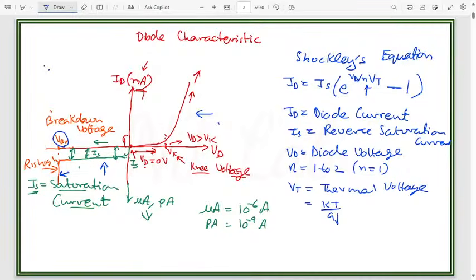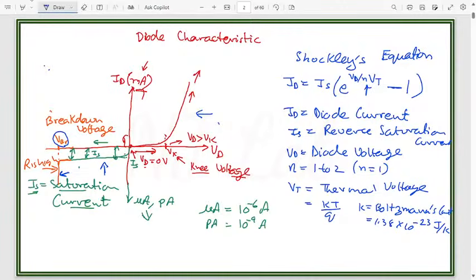Now over here, k is the Boltzmann constant, and it is equal to 1.38 into 10 power minus 23 joules per Kelvin.